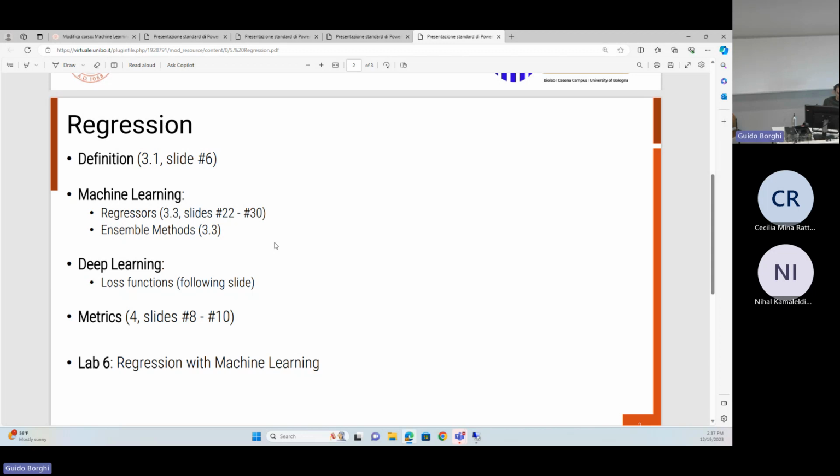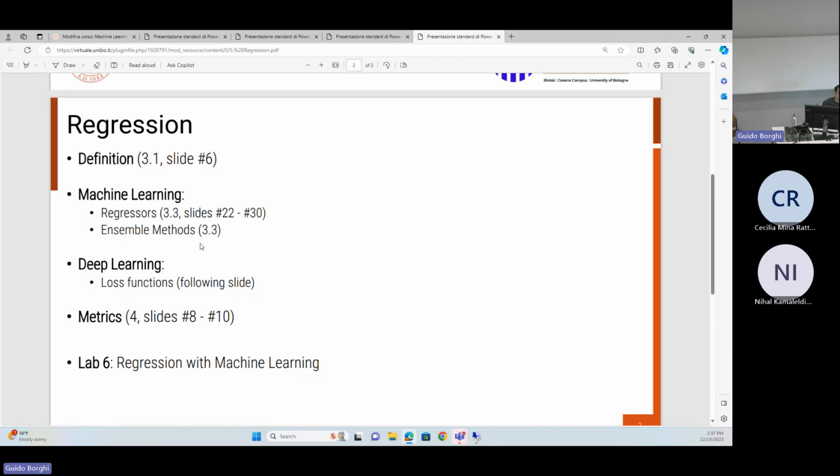So I repeat, for the SVM, we have SVC, that is the classifier, and SVR, that is the regressor. The same happens with ensemble methods. So there is nothing new to introduce for regression in machine learning.